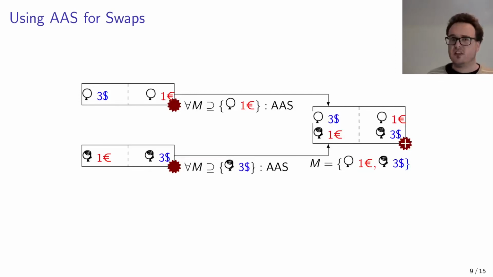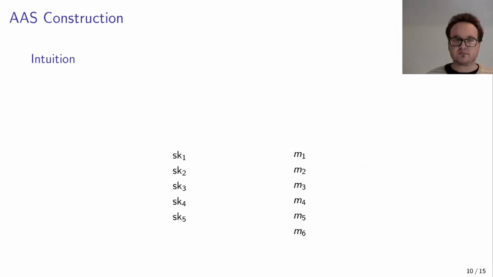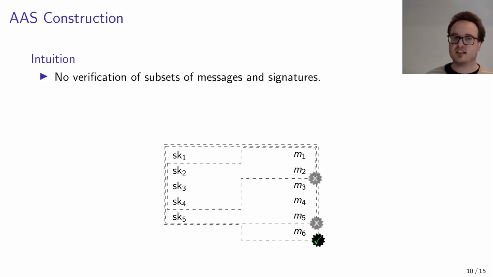So how to build such a signature scheme? The intuition is that we have a set of secret keys to sign and a set of messages we want to sign, but we don't want to create a link, and the signatures are created by multiple different parties. So the important feature is that no verification of any subset must be valid.